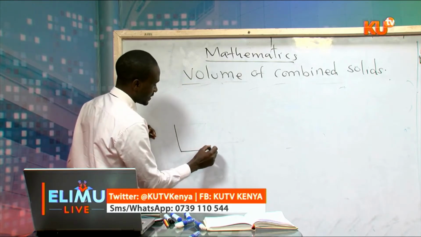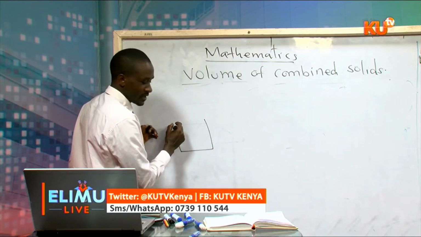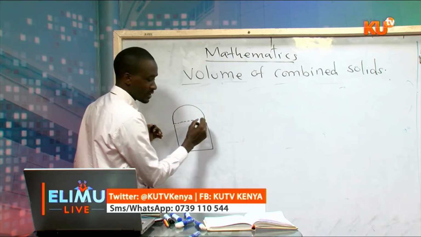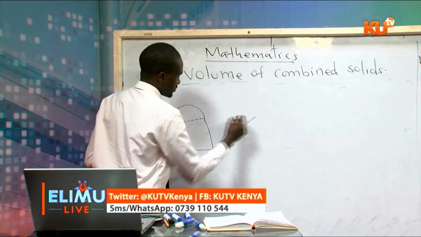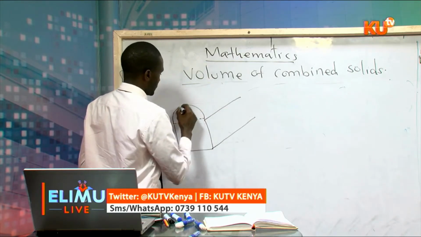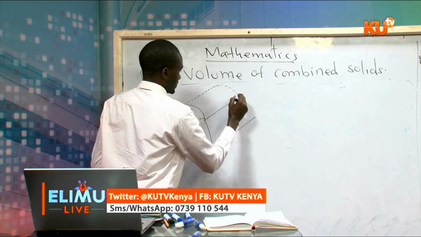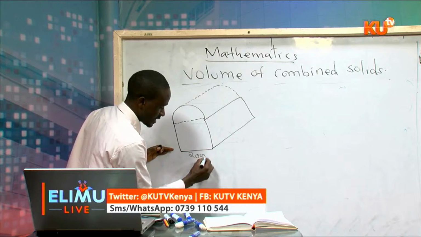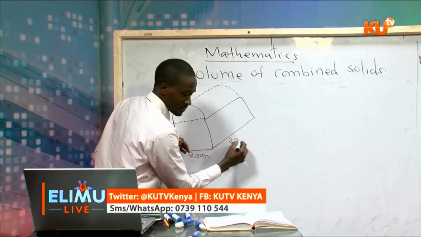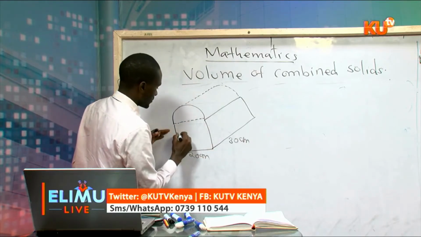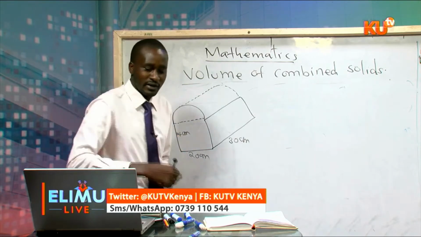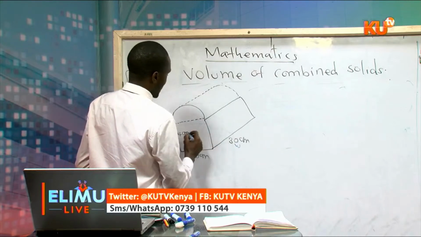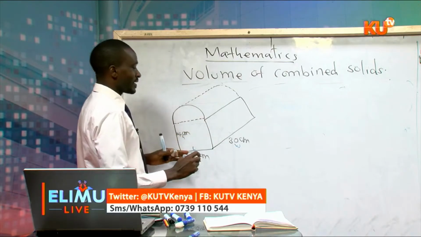So as a learner, please be very careful. Bread-like was like this way, this way, this way, and this one here. So 20 centimeter, 30 centimeter, 14 centimeter. Now, this is length, this is width, and this is height.